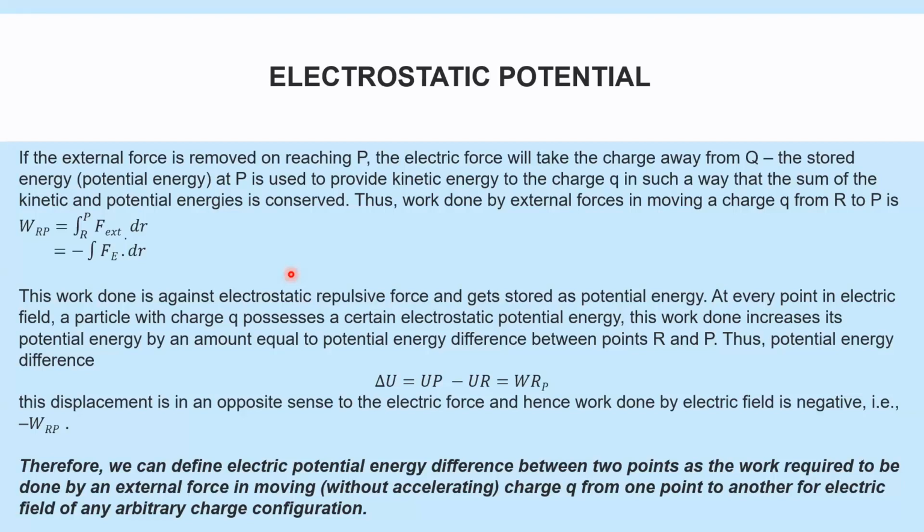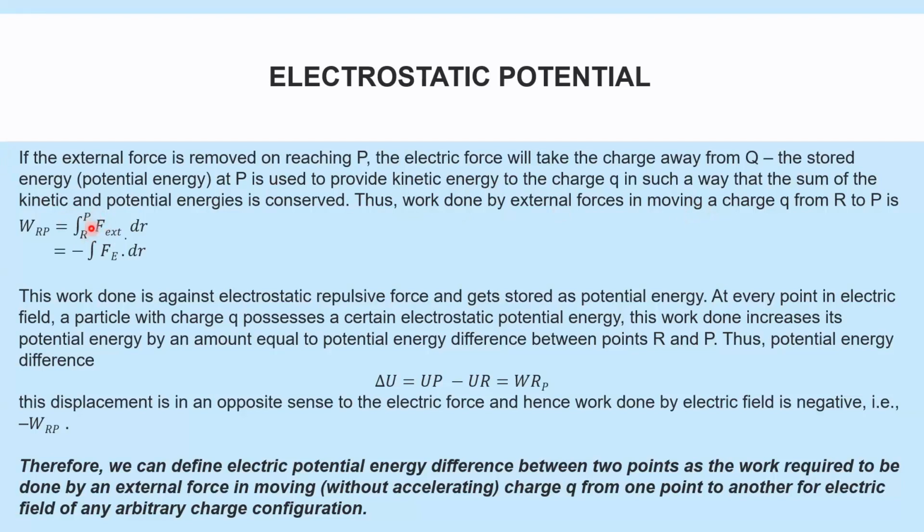Now if we remove the external force, due to the electric force alone it is going to get pushed away from the source charge Q at the origin, and it is going to get converted into kinetic energy, in a way that the sum of the kinetic and the potential energy will be conserved.